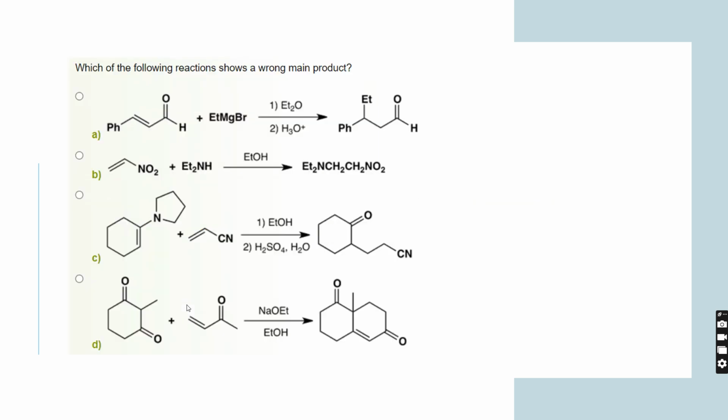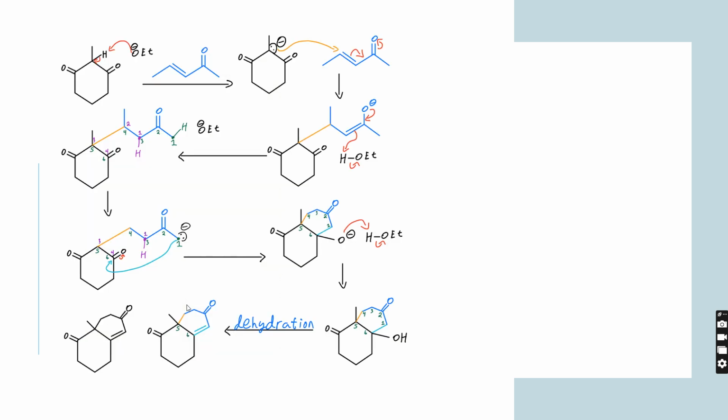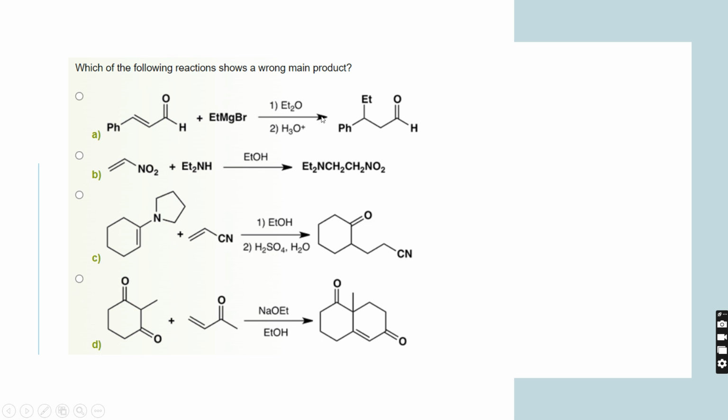Then we discussed this set of questions where we saw that except option A, all the 3 options were listing the correct main product. We also briefly discussed the mechanisms involved in all these reactions, and we chose the first option as the wrong main product, because Grignard reagents should give you 1,2 addition products as the major product.